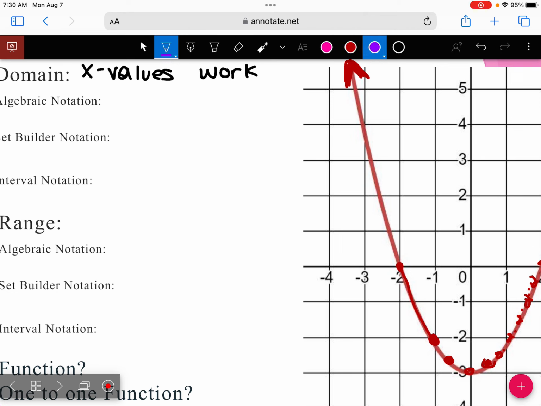What we do is we call that all real numbers. If you just want to write out the words all real numbers, that's totally fine. There is a lazy person way to write this, and that is an R with an extra stick on the back.